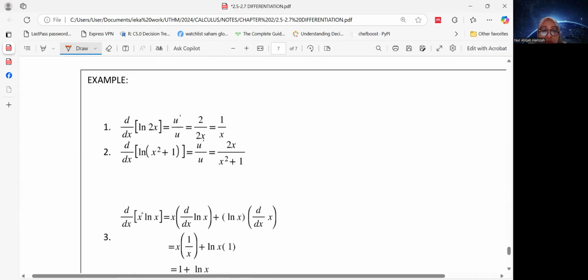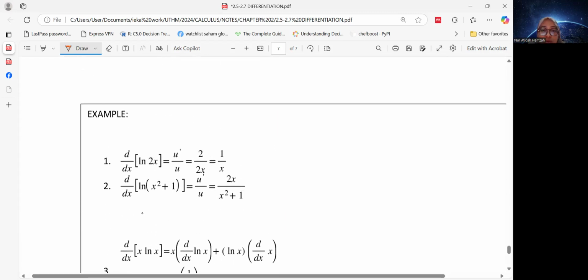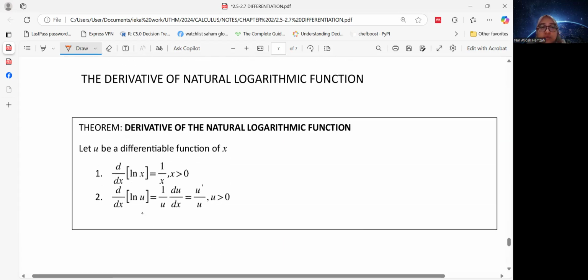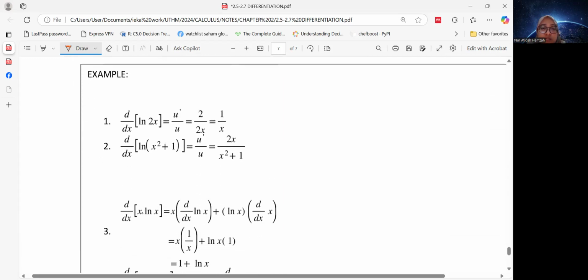Okay, so this is a few examples to increase your understanding of how to do the derivative of natural logarithmic function. So we have ln 2x, u prime over u.